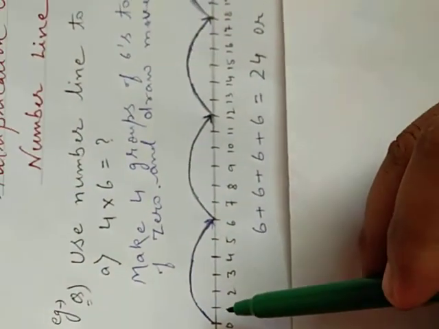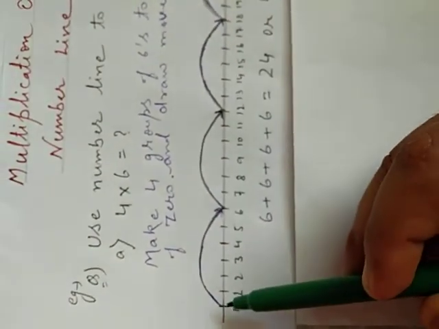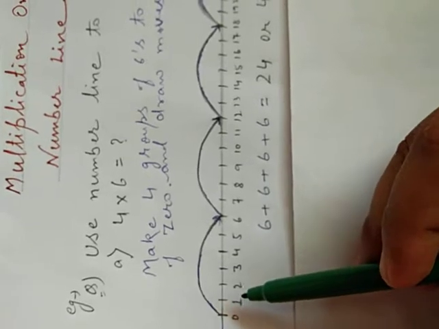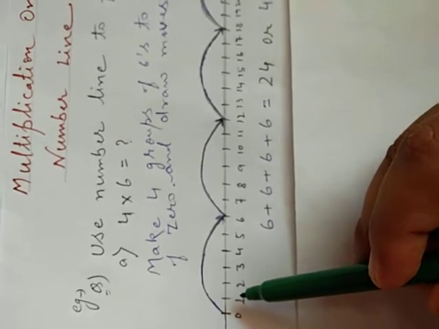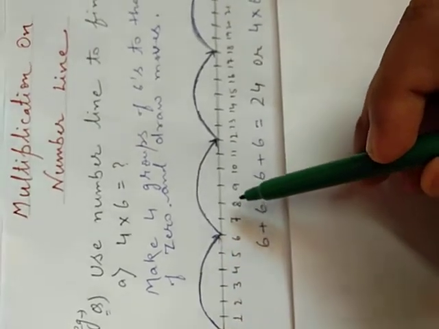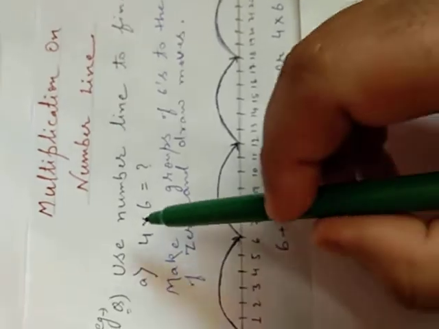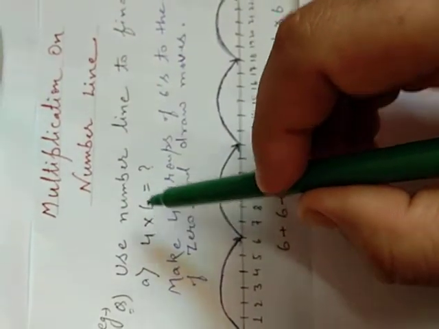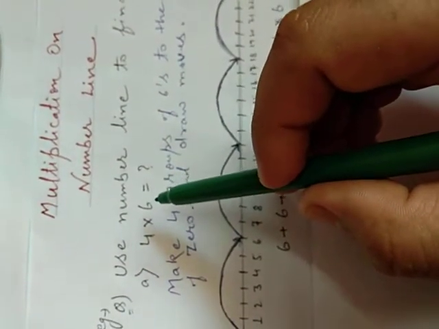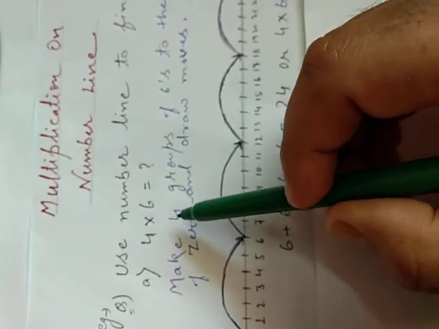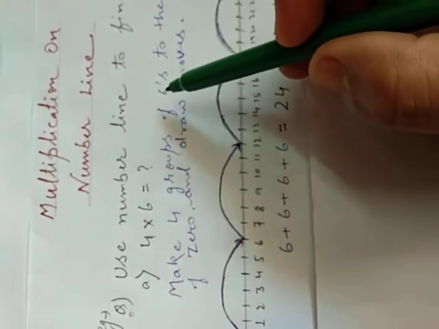Here you can see a number line starting from 0, and these are the positive numbers 1, 2, 3, 4, 5, 6, 7, 8, 9, 10 like this. So 4 times 6 means we have to make 4 groups of 6s.